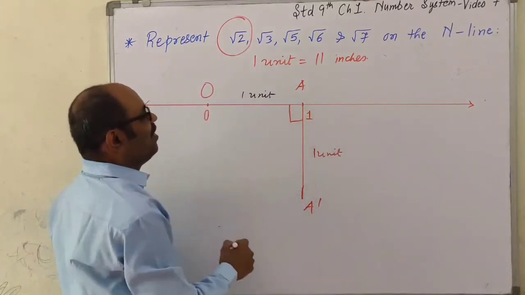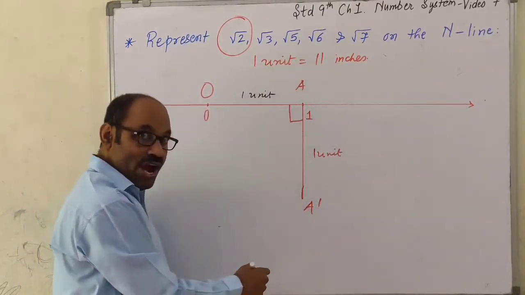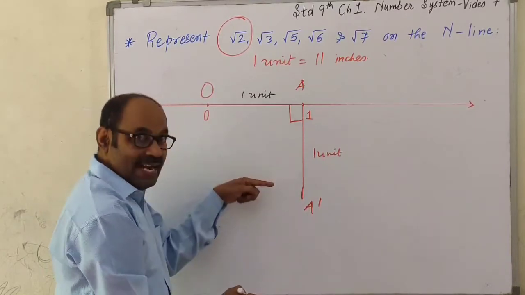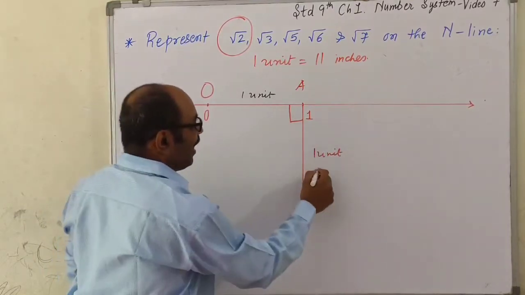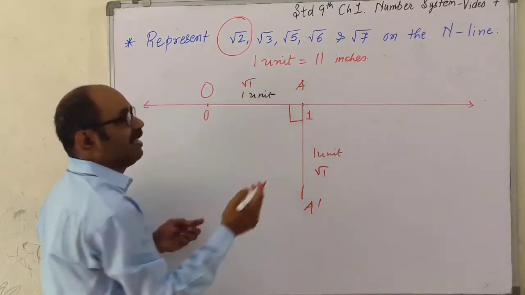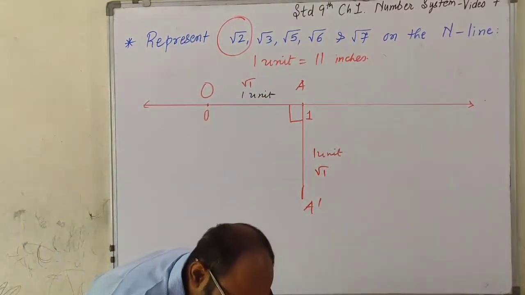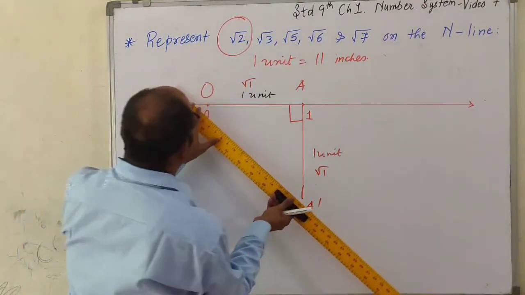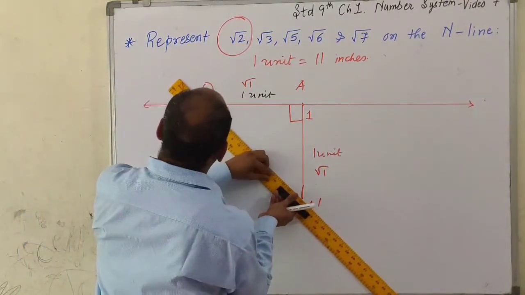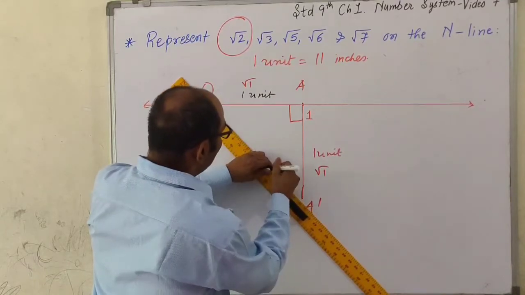Now look. OA is 1 unit. The other line segment, AA dash, is 1 unit. This 1 can be said to be root 1, it's one and the same. So if it is root 1, then what will be the length of this hypotenuse? You tell me.